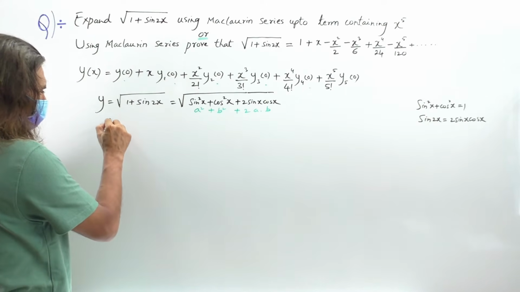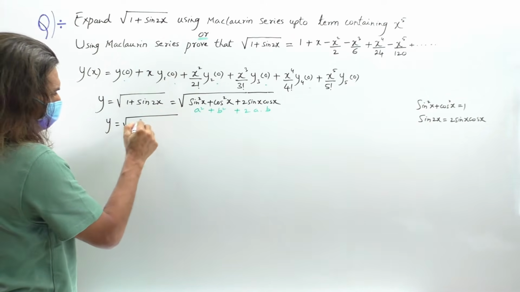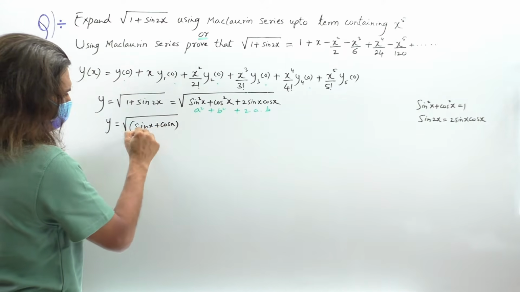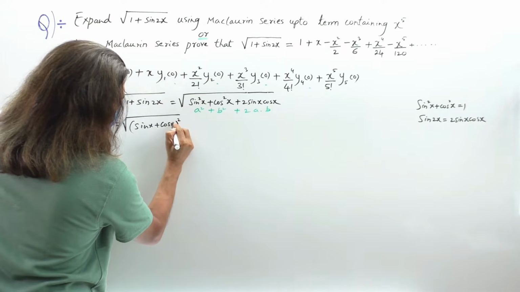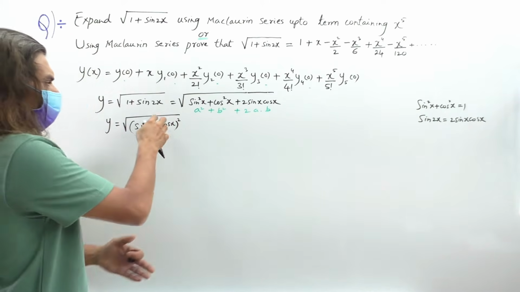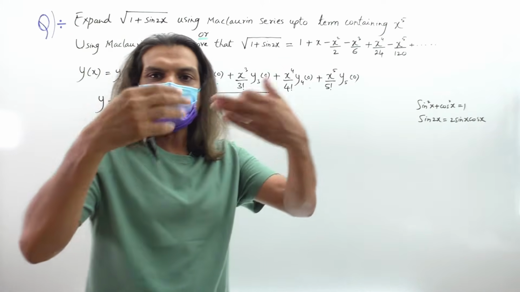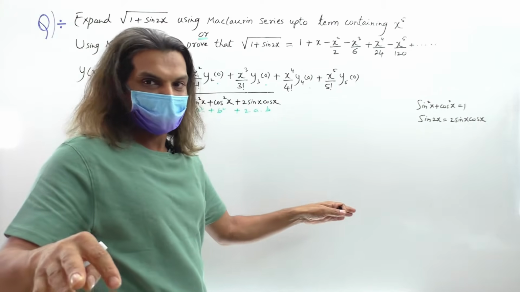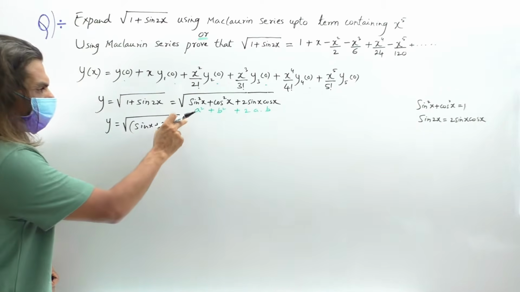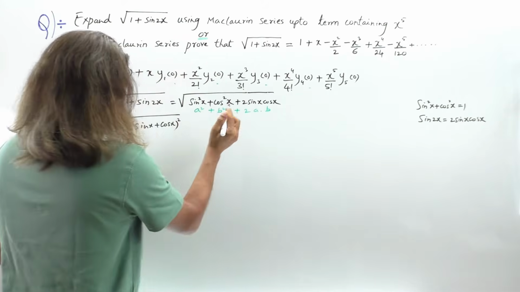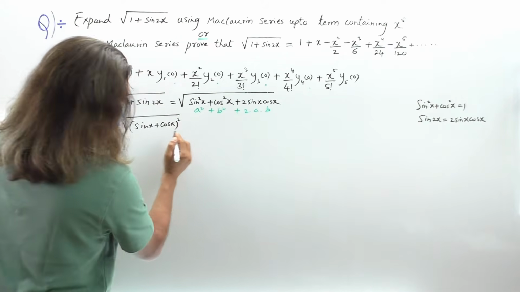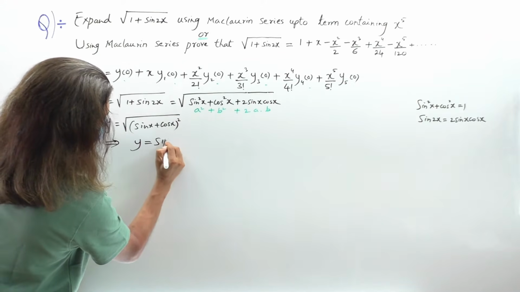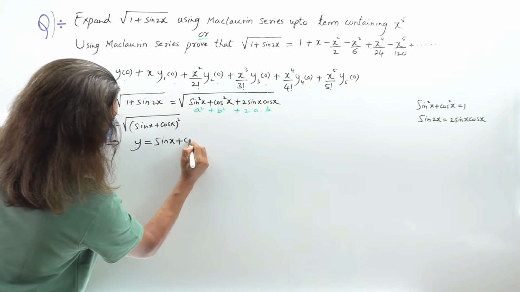y equal to root of sin x plus cos x the whole square. Now, as you know, root means raised to 1 by 2, so the square and the root cancel off. So the question becomes simply y is equal to sin x plus cos x.